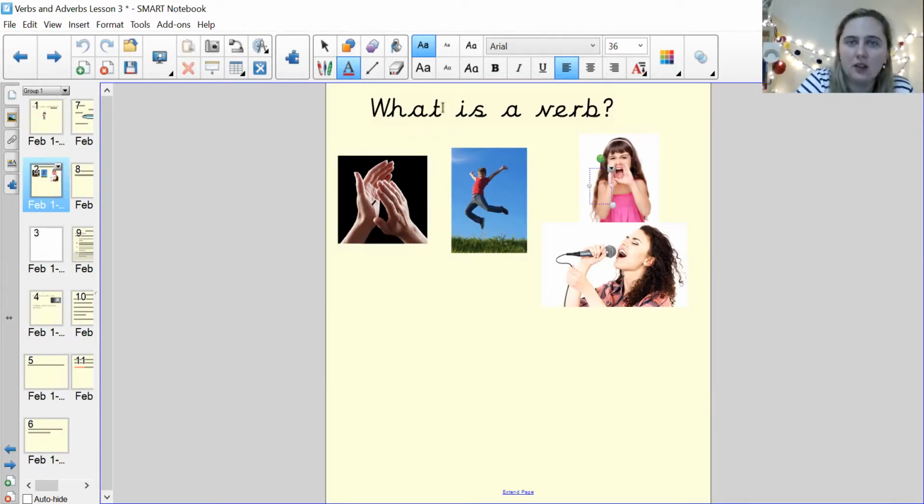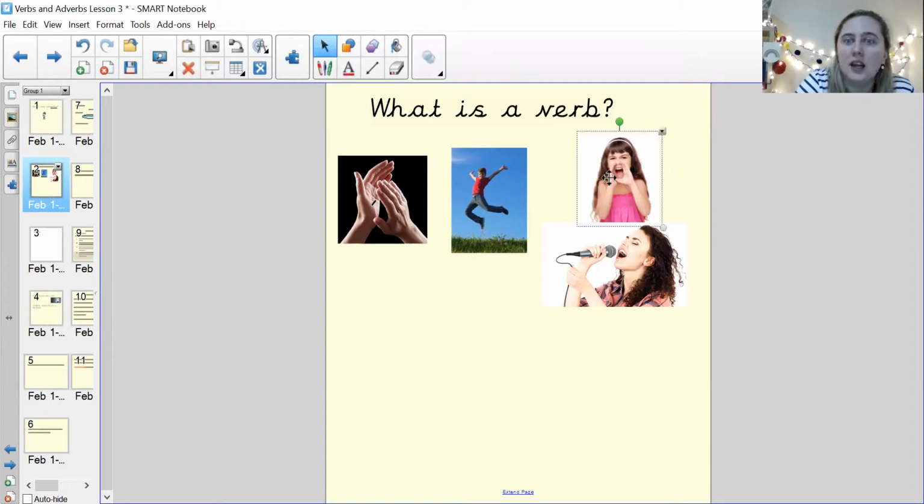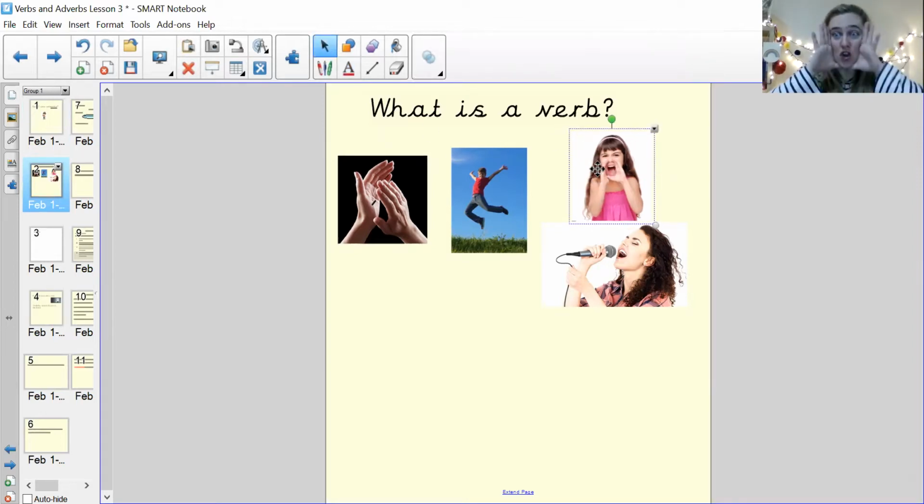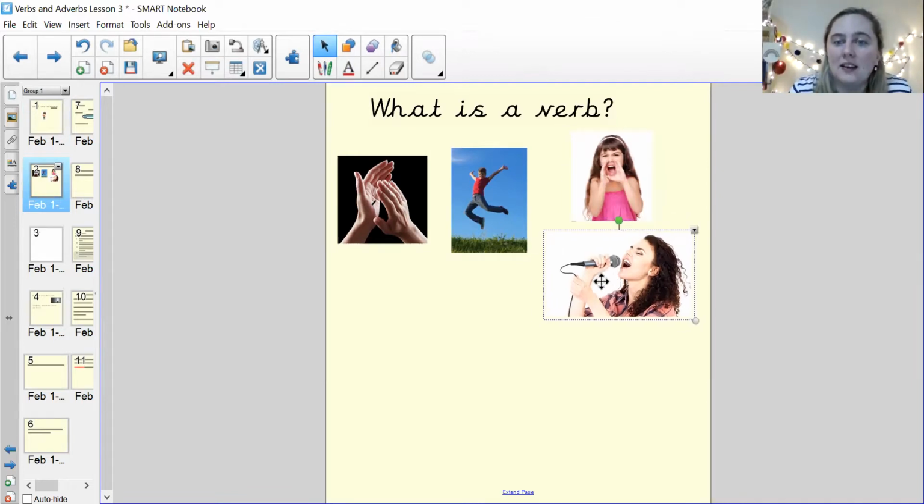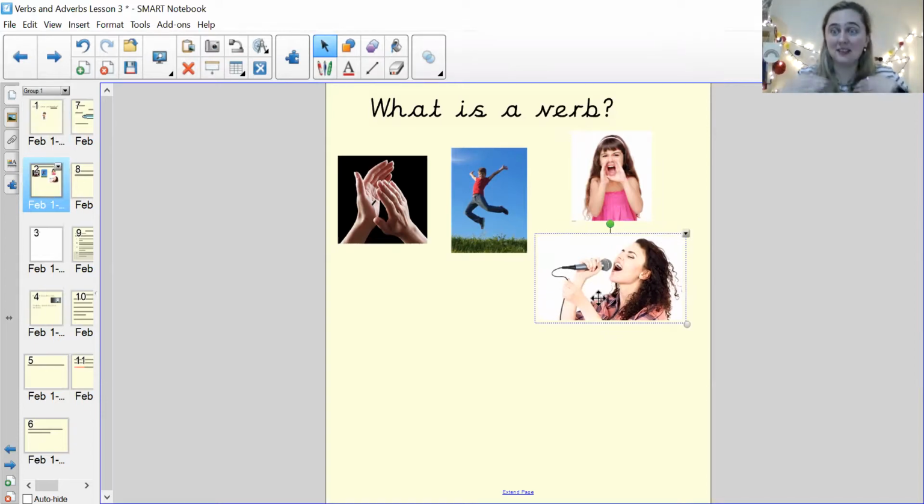So this little girl here is shouting, isn't she? And shouting is a verb. This lady, she's singing. This little boy is jumping. And these hands are clapping. Those are all verbs.